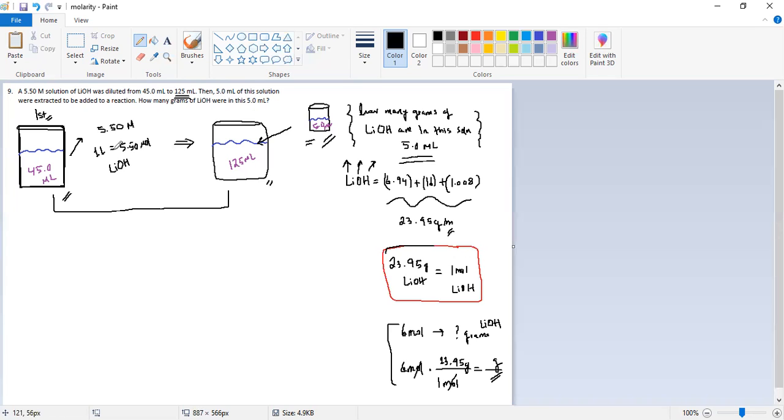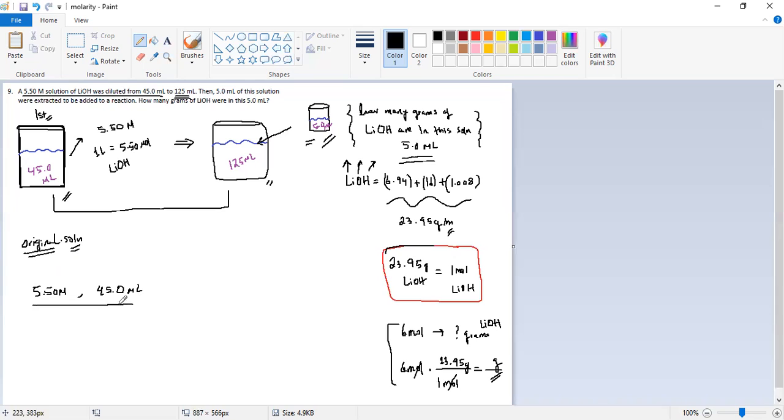So what you could do is first use this information, right? Sort of use this information to find out how many moles there are in the first situation. So the information that we have at our disposal is that the original solution, I'll write this here, has a molarity of 5.50 and also has a volume of 45.0 milliliters.